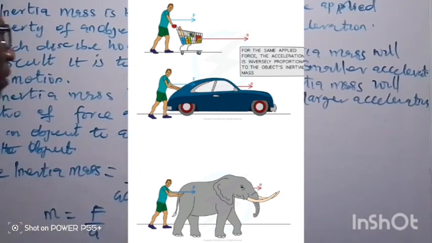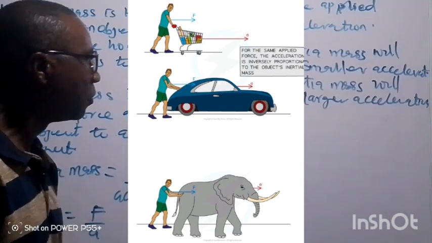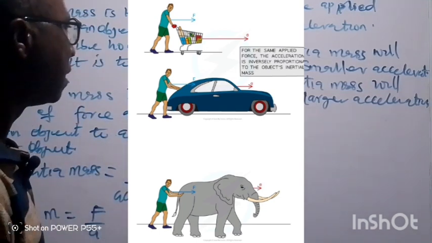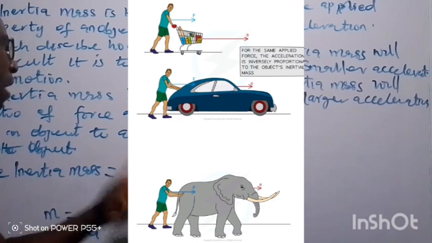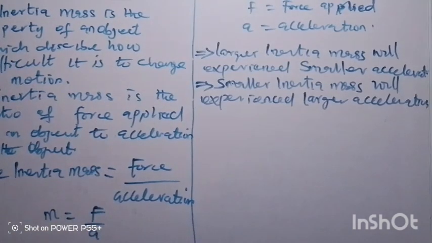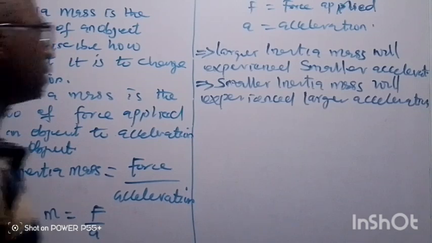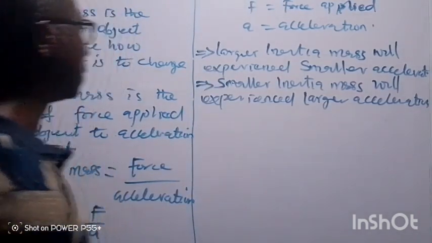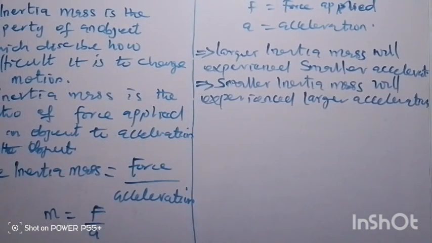It means the man pushing the wheelbarrow will have the largest acceleration because it has the smaller inertial mass. To use another illustration, let's look at the screen again.